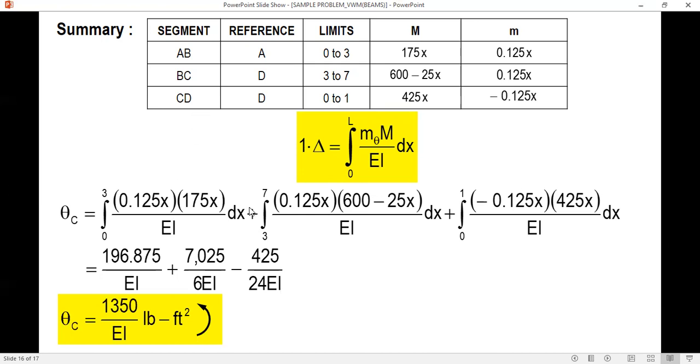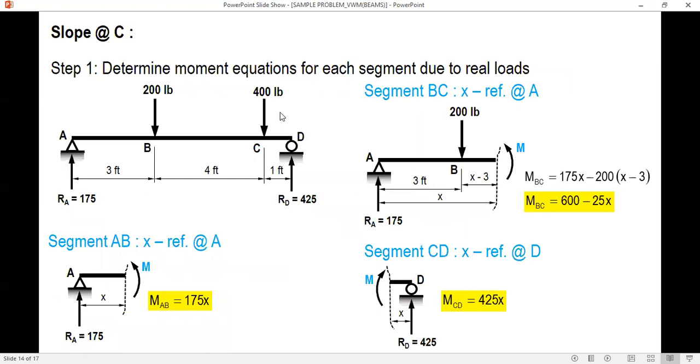If you want to analyze the left side of the cutting section, that's possible. Like for example, CD. If your reference is C, of course, the limits are 0 to 1. But if your reference is A, then your limit is 7 to 8.